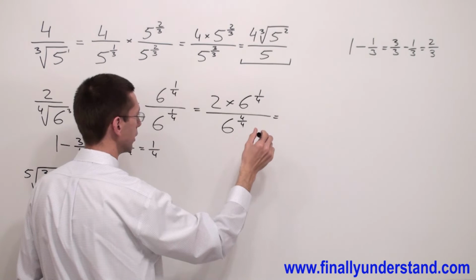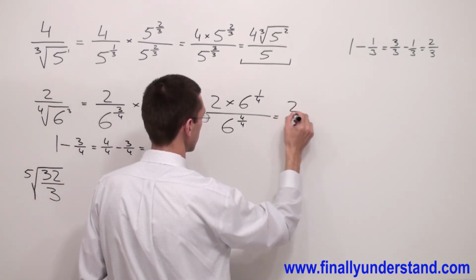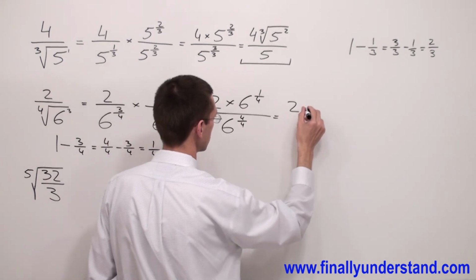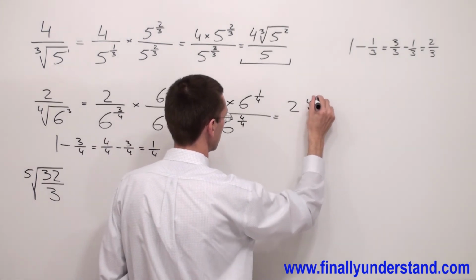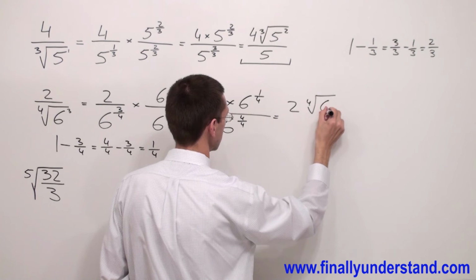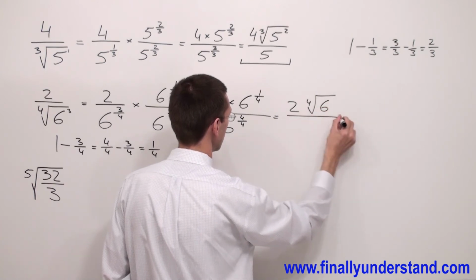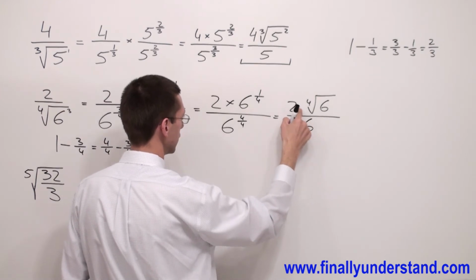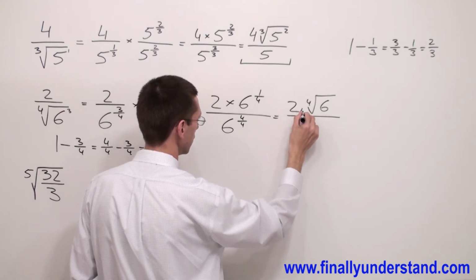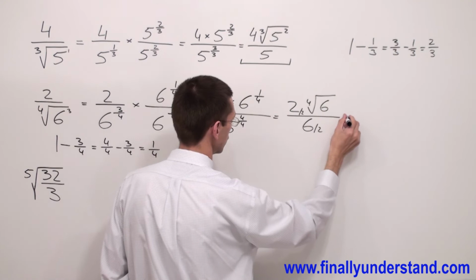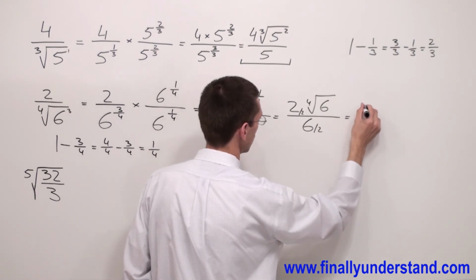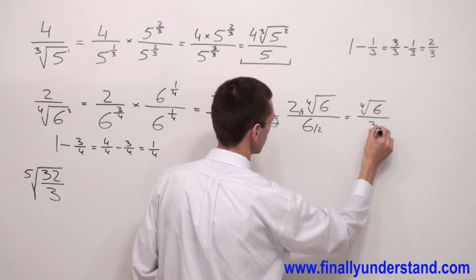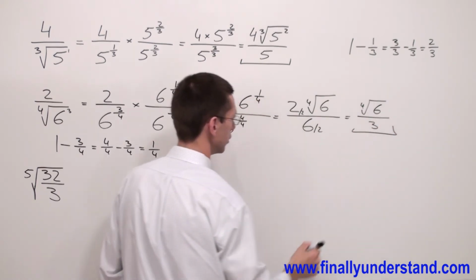Which is going to be equal to, I'm going to convert exponential form to the radical again, so I'm going to have 4th root of 6 over 6. Notice that 2 and 6, both of them are divisible by 2. I'm going to reduce this fraction. I'm going to write 4th root of 6 over 3. This is the solution to my problem.